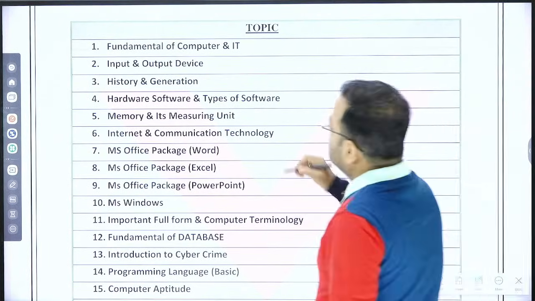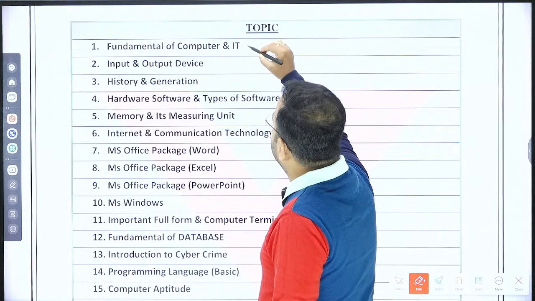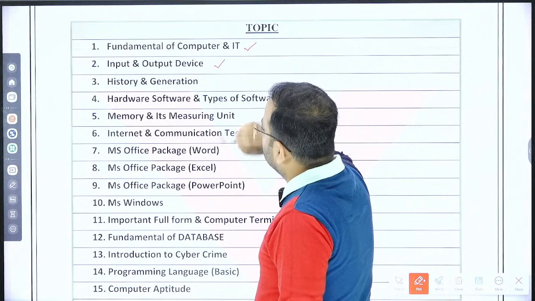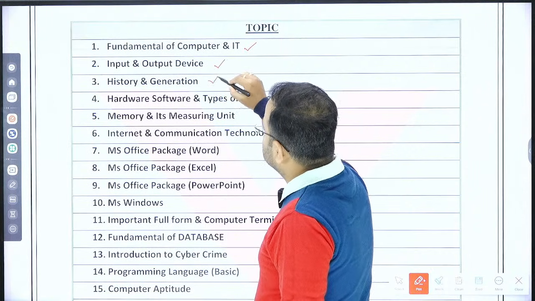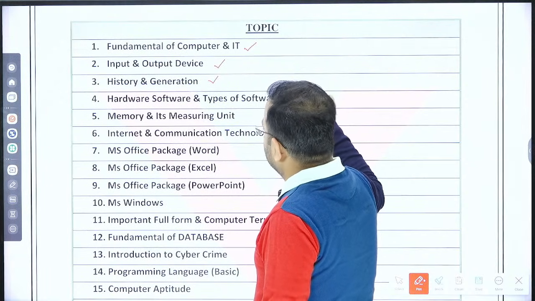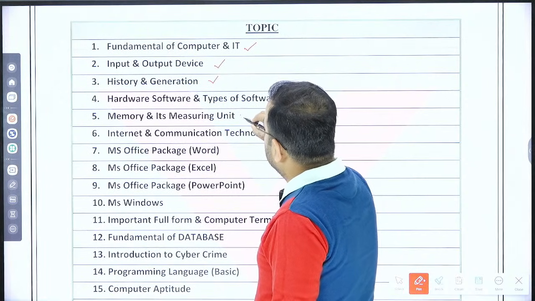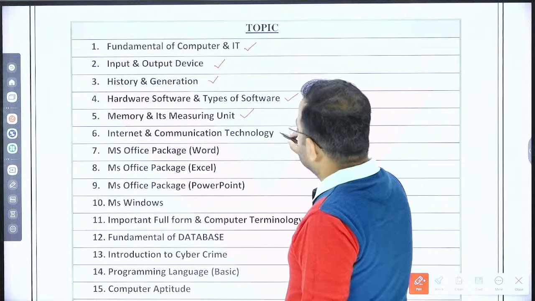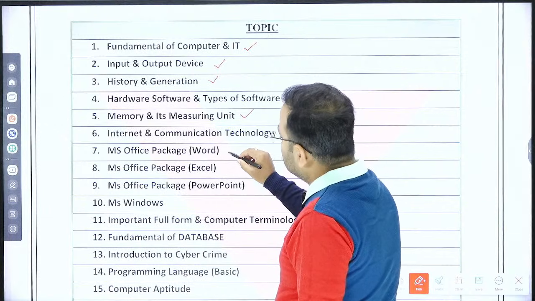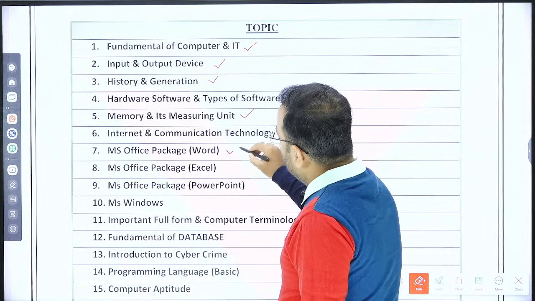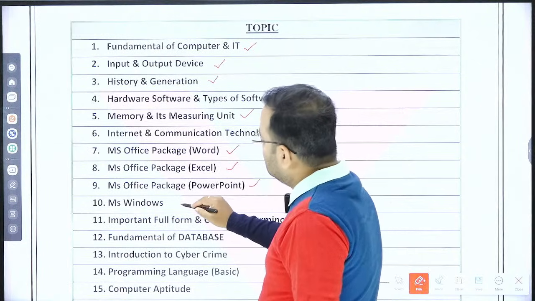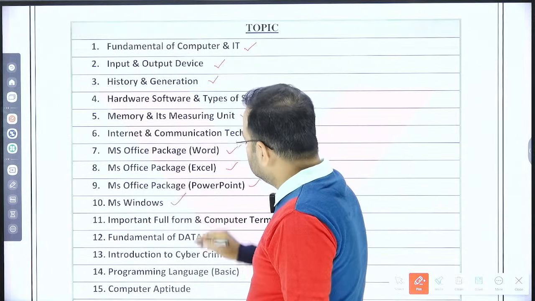Chapter 1, fundamental of computer and IT. Chapter 2, input and output device. Chapter 3, history and generation. Chapter 4, hardware, software and types of software. Chapter 5, memory and its measuring unit. Chapter 6, internet and communication technology. Chapter 7, MS Office, in which Word, Excel, PowerPoint are there. And chapter 8, this is your Windows.